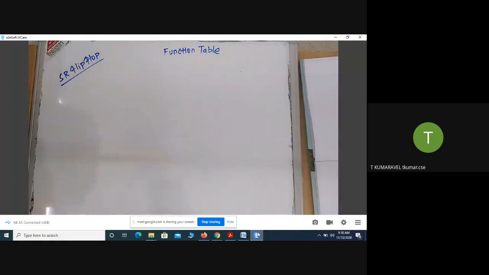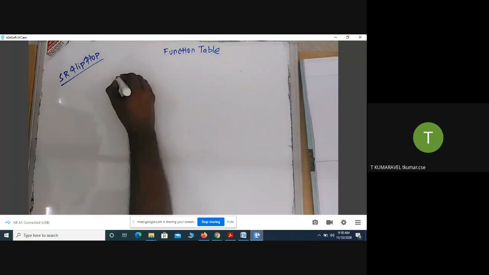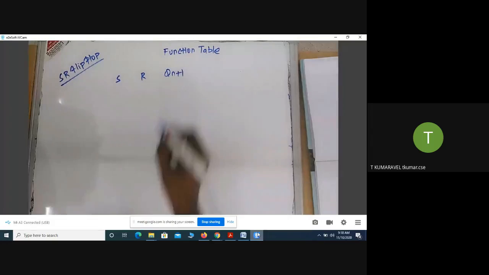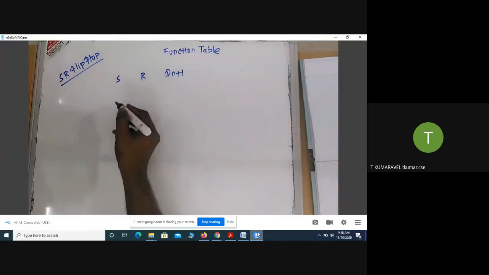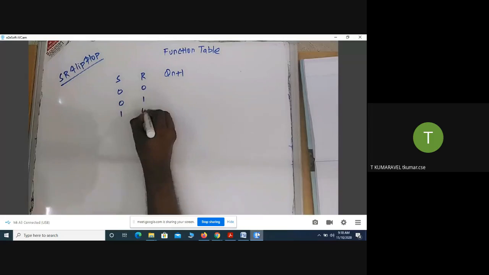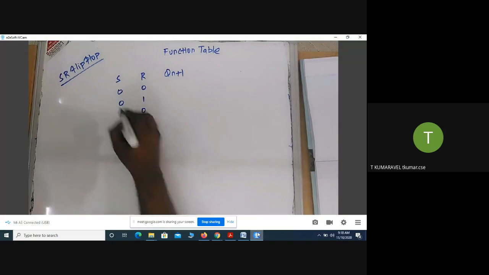First, I'm going to begin with SR. If the input combination is there, what is the next state output? These are the input combinations: 0 0, 0 1, 1 0, 1 1. Can anyone tell the answer?